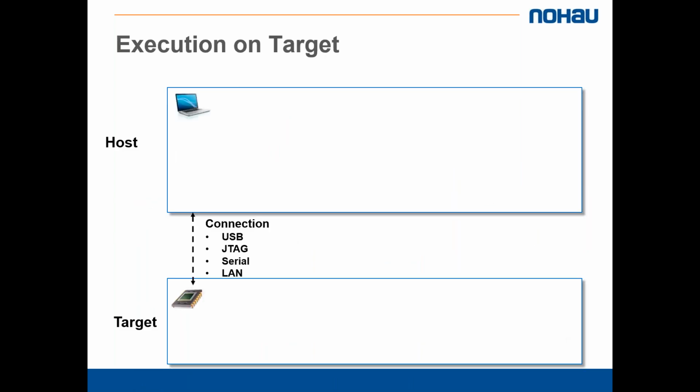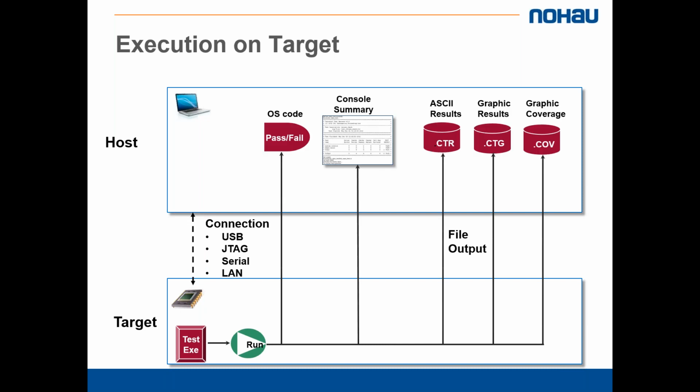So, execution on target, you mentioned. Yeah, you normally develop your unit tests for your software under test on your host, and then you have some type of connection to the target. It could be USB, JTAG, for example, or something else. You run the test executable that you have created on your target.